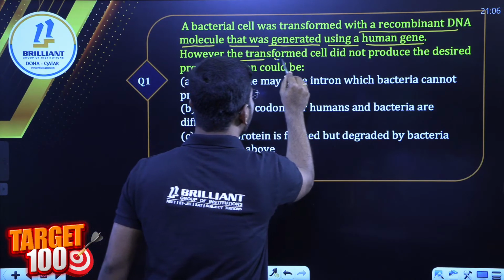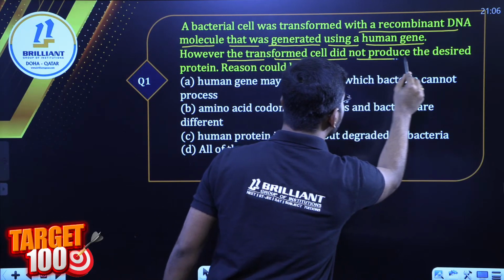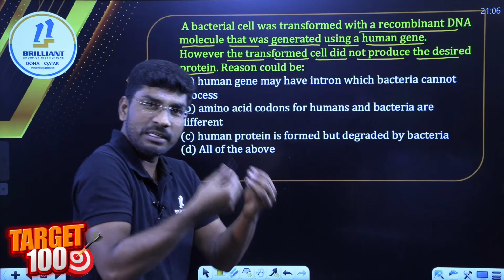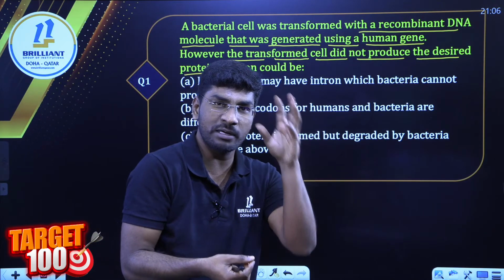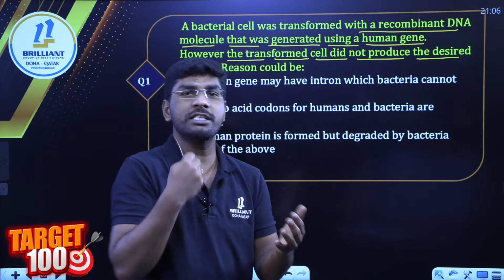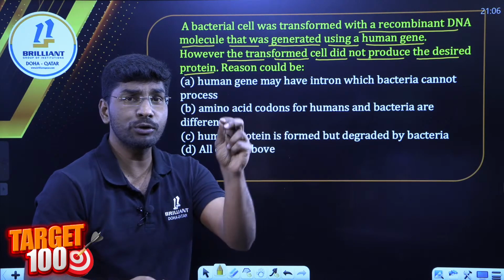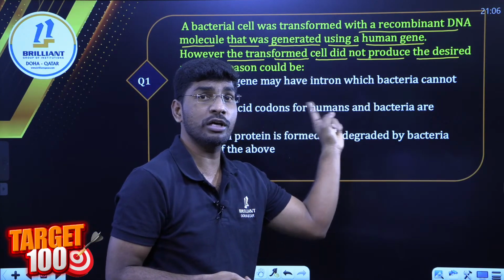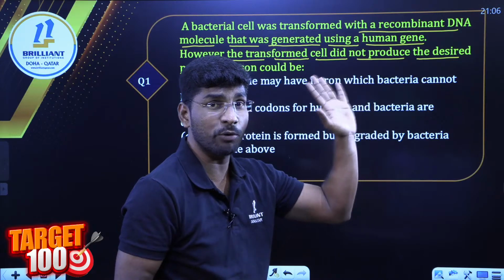Now look here. However, the transformed cell did not produce the desired protein. The bacterial transformed cell did not produce the human protein. What is the reason? I am going to cover two more questions also in this MCQ, so carefully listen to what I am explaining.